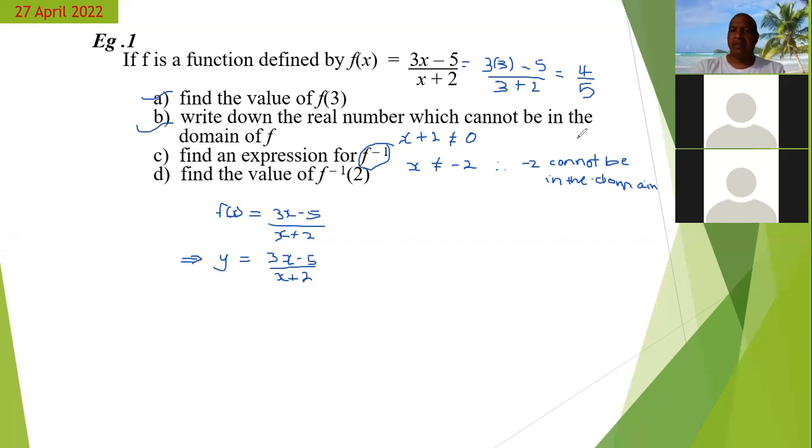Anybody? Ms. Waysam, what would be the next step? Sir, with interchange, where y is, you put x, and where x is, you put y. All right, so interchanging, we would get x equal to 3y minus 5 over y plus 2.